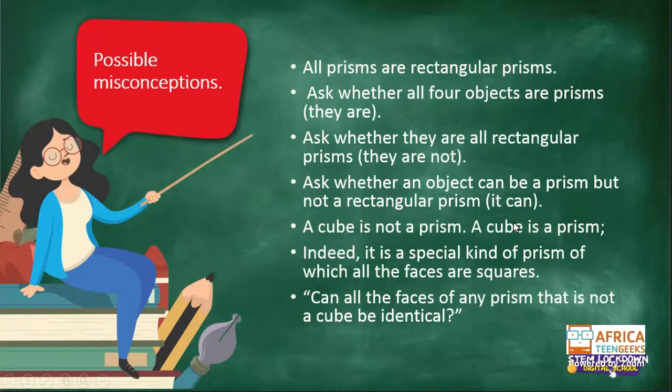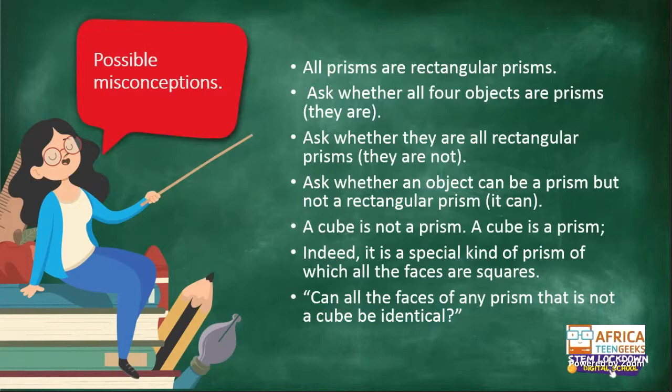The true thing is that a cube is a prism. It is a special kind of prism in which all the faces are squares. A cube is a prism and all the faces look the same and are squares.